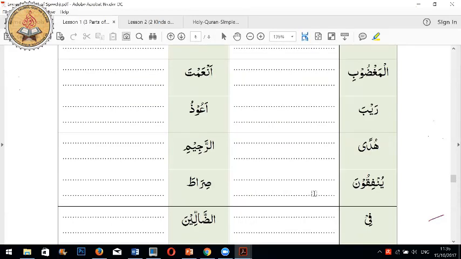Yunfikuna. Now yunfikuna, as I mentioned, read the first page of Bani Israel or the first page of Al-Baqarah, and read with concentration. You will find that in the first page of Surah Al-Baqarah, I have just recited Yunfikuna: wa mimma razaqnahum yunfiqun.